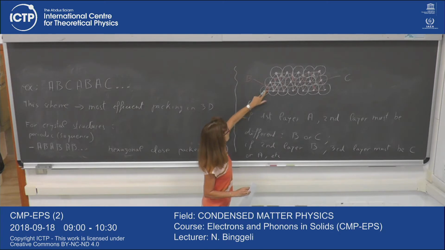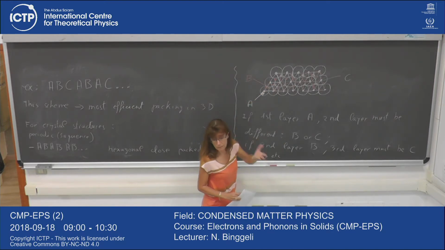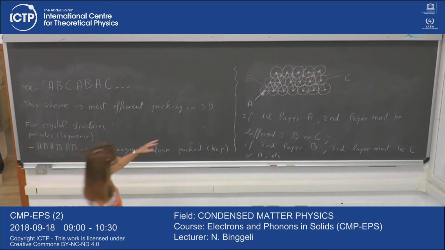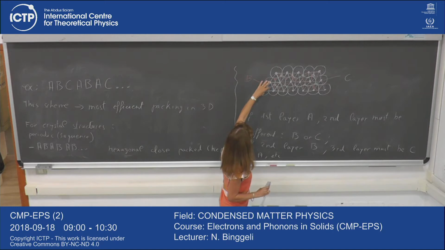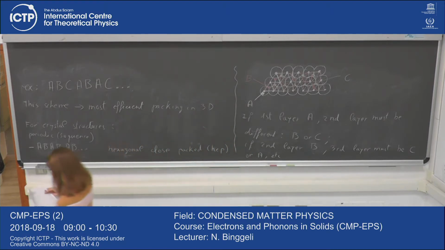But this vector, if I continue it, the projection of 2 times the vector AB will bring me here on the empty side, the C side, and the C side is not included in the AB sequence. So I end up on a point which is empty. So if this was a Bravais lattice, I would have also a point here, which I don't have, so it's not a Bravais lattice.